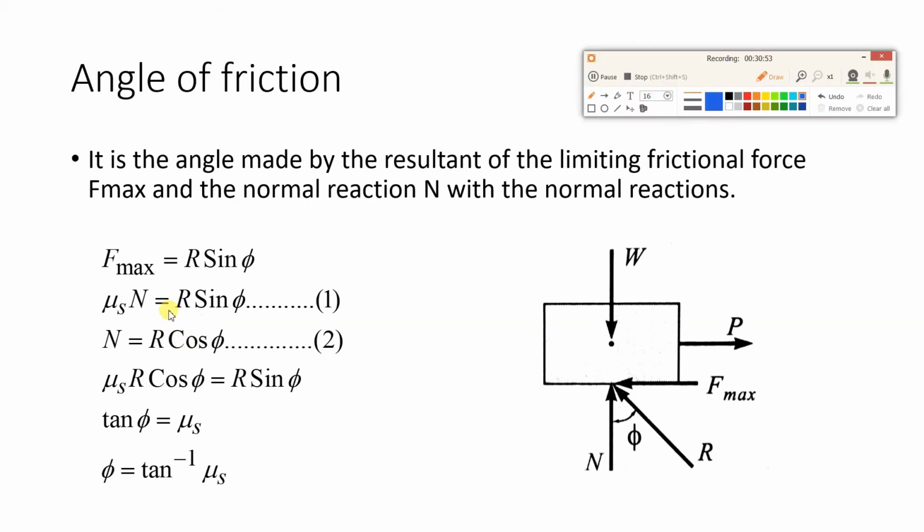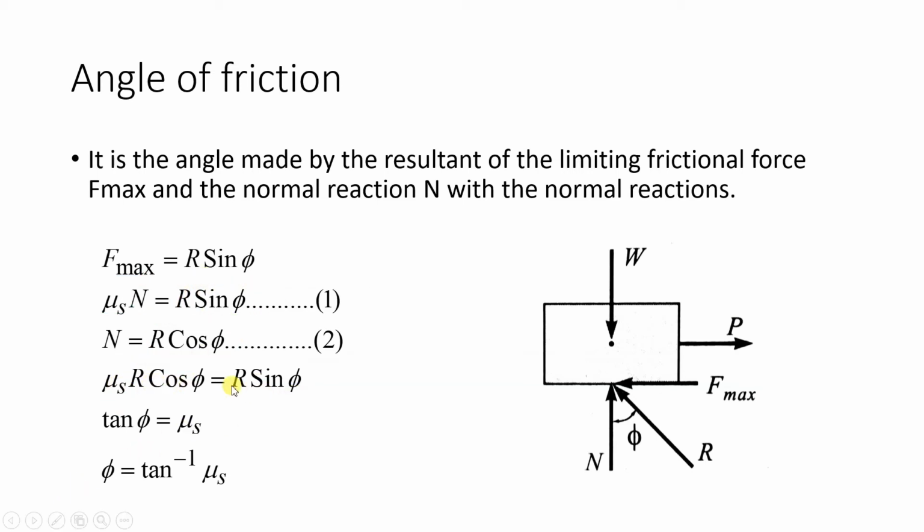Now observe these equations. In the first equation we have the N value. What is this N value? R cos phi. So in equation number 1, we have substituted that N value, R cos phi. So mu s into R cos phi equals the remaining part, R sin phi.